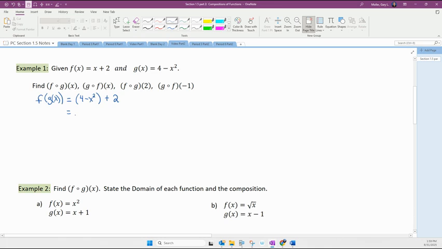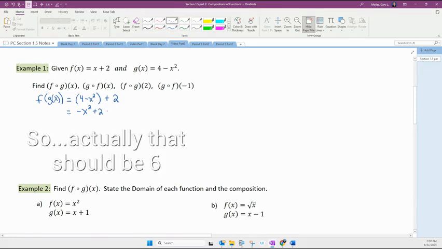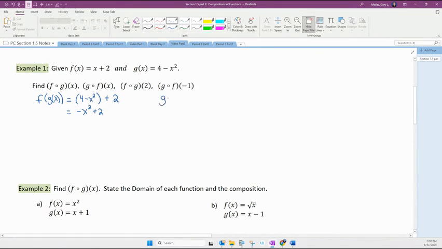So ignoring the parentheses mentally, I can see I can add the 4 and the 2. So this just becomes negative x squared plus 2. And if I want to do g of f of x, g little circle f, that means this. So I go find function g, and I'm going to write it down. 4 minus parenthesis squared. And inside that, I'm going to put x plus 2. I'm going to do a little simplifying. Notice I have my binomial squared. Don't screw it up.